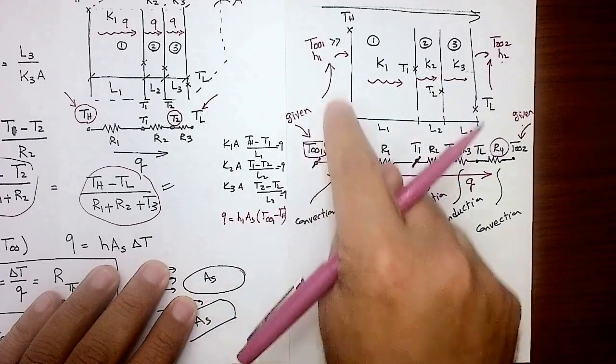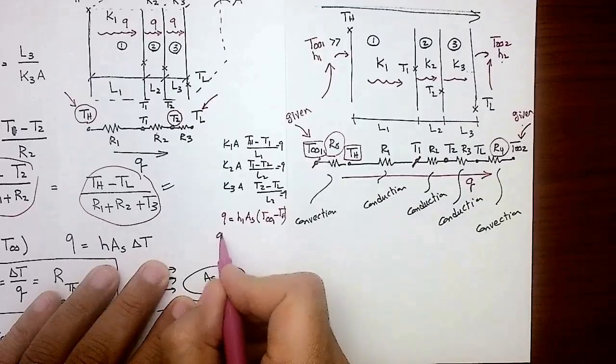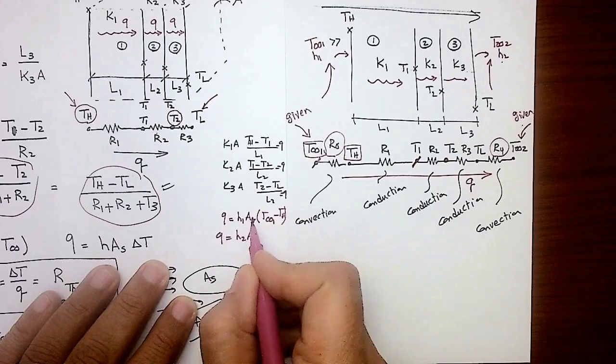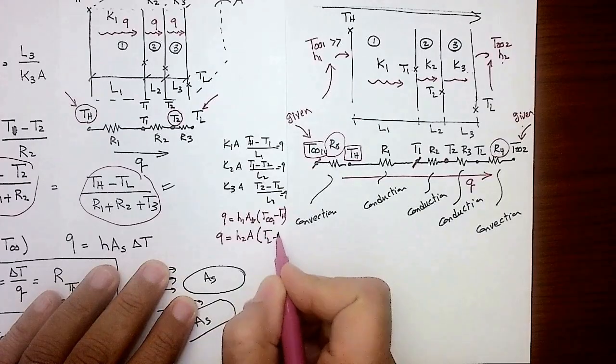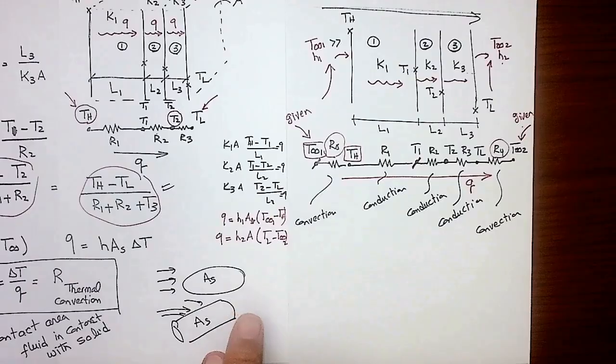That's presenting the convection in this side. Now, let's write the equation for the convection in this side. Q is going to equal H2 surface area, or A, it's going to be the same A, times TL minus T infinity 2. Now, if you follow the old style of solution here, 5 equations in 5 unknowns. Go ahead, good luck to solve that in a quiz or in an exam. It's going to take forever, right?